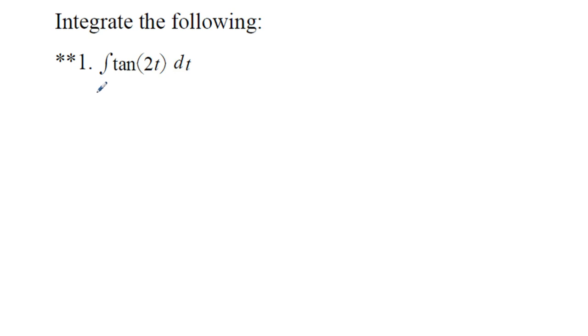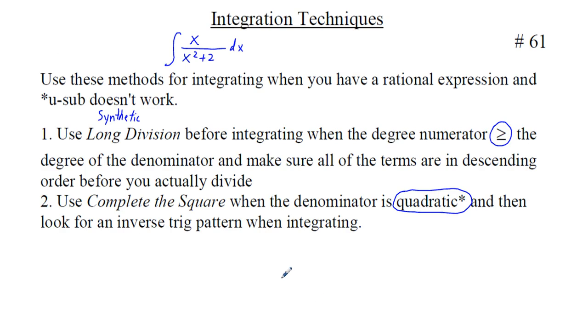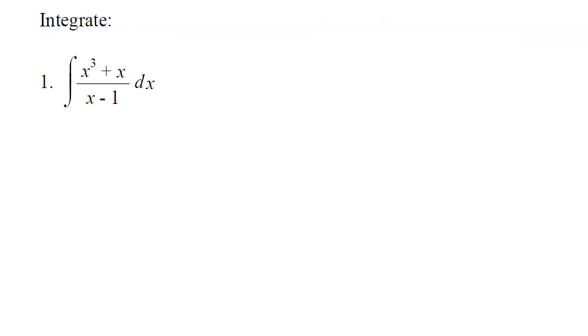We have, integrate the following, back in note card 61. There we go. What we have is the degree of the numerator is larger than the degree of the denominator.